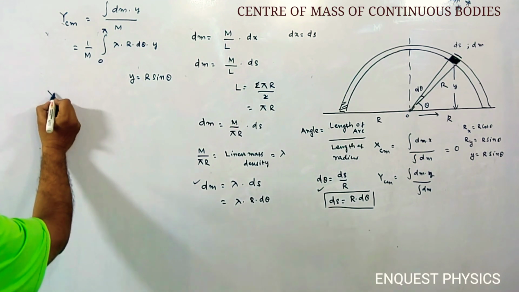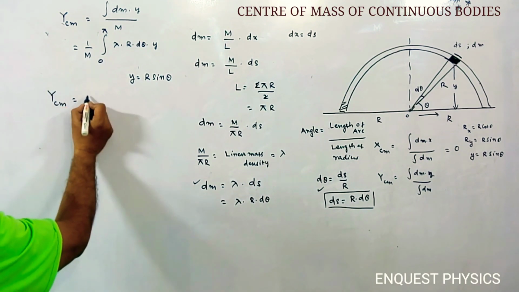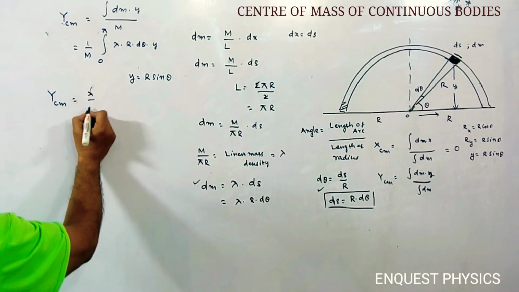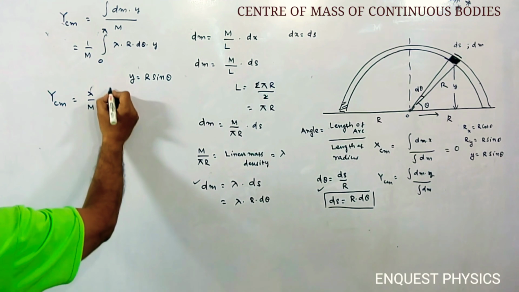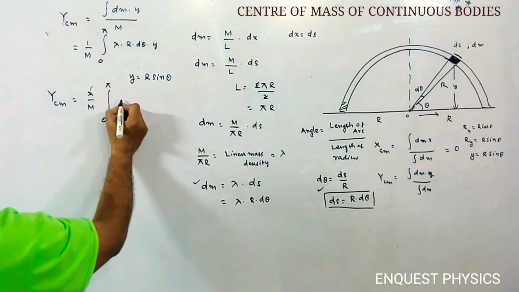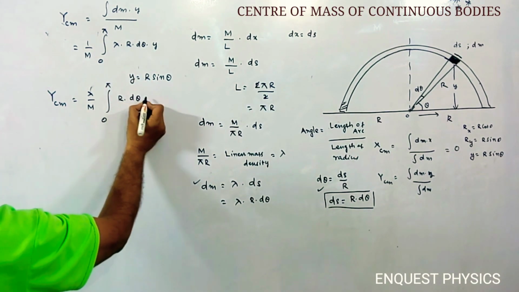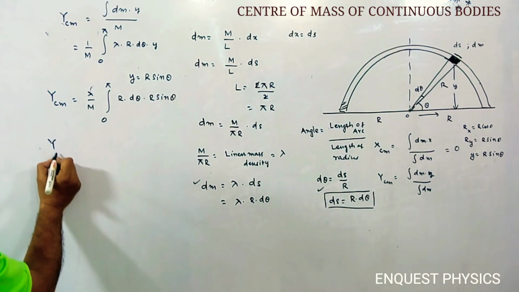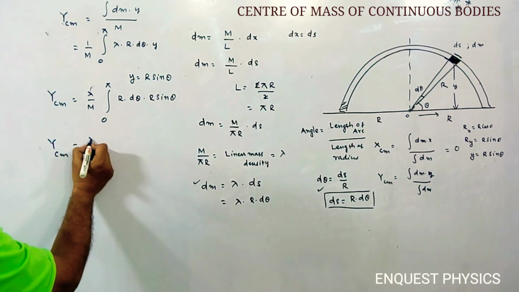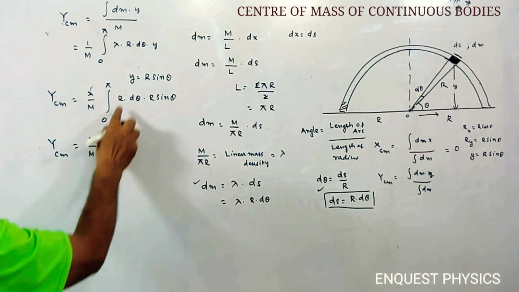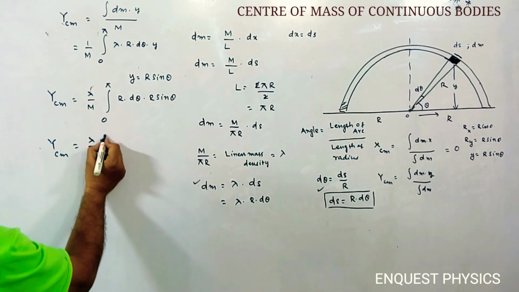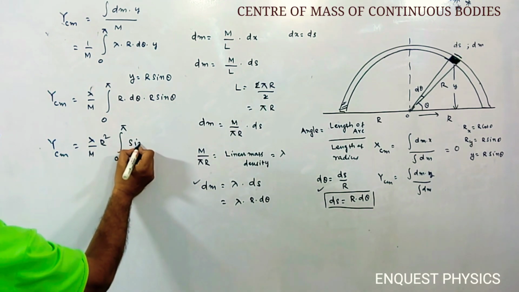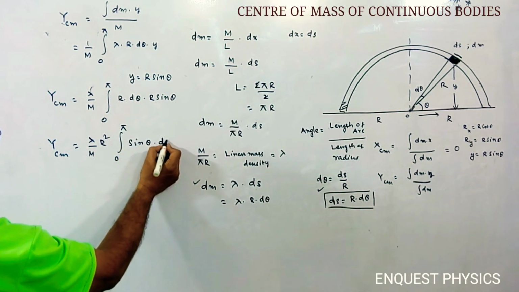Okay. Now we are substituting the values in. ycm is equal to lambda, I am bringing it outside, by M, integral from 0 to pi of r d theta into r sin theta. Then it can be written as ycm is equal to lambda r squared by M, these are the constants, under the limits 0 to pi, sin theta d theta.